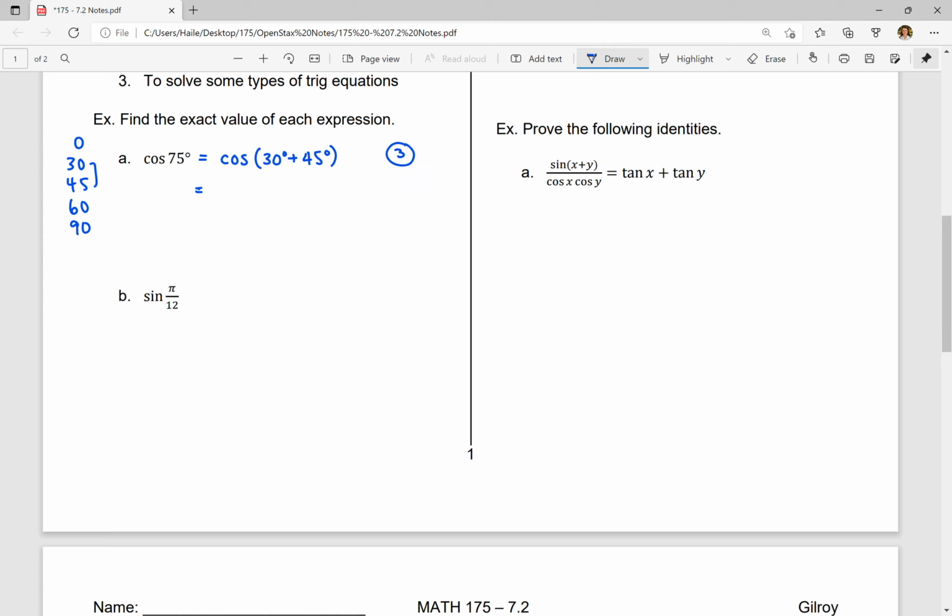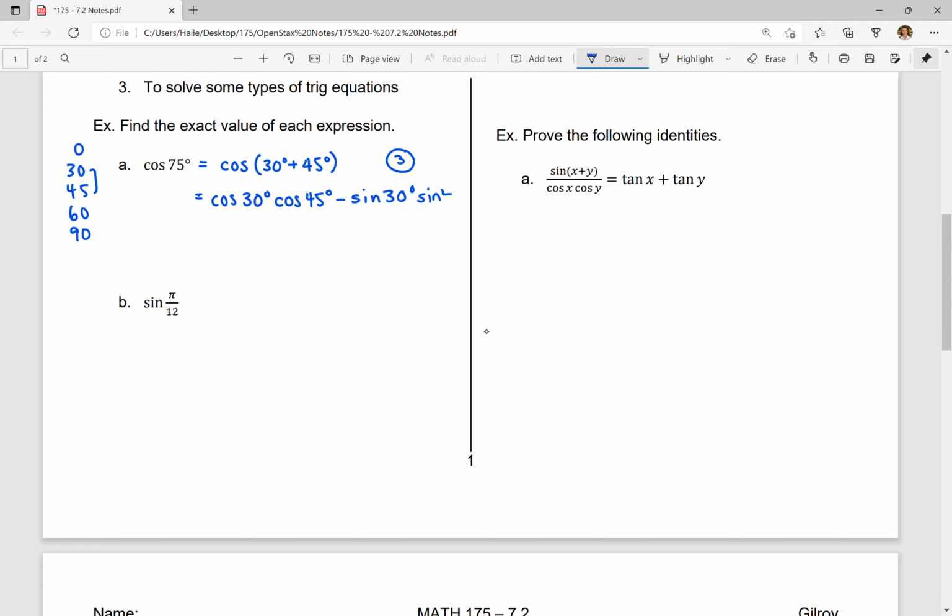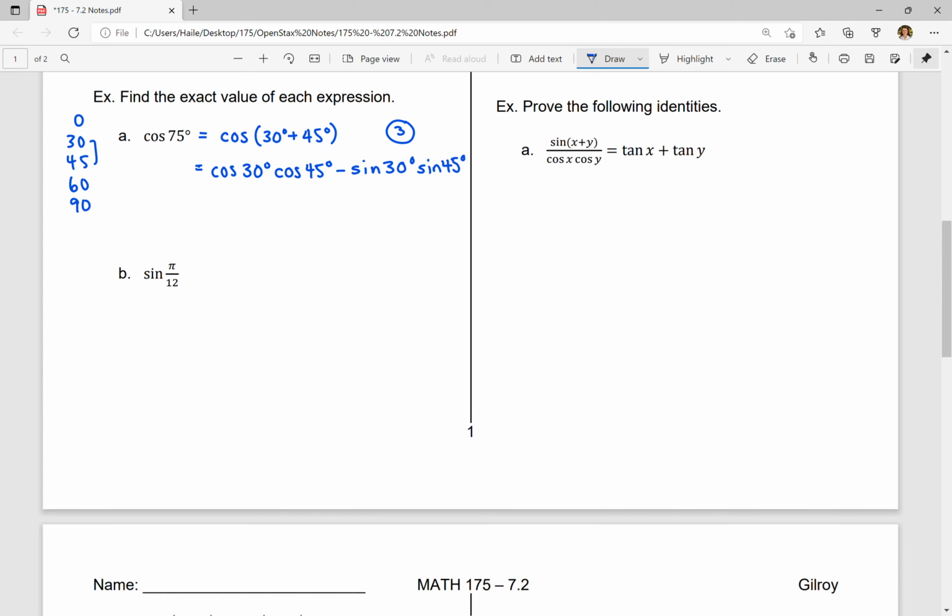And so formula 3 tells us to do cosine of 30 times cosine of 45 minus sine of 45, or sorry, sine of 30. It really doesn't matter, we can multiply things in any order, but just to keep it the same, times sine of 45. So this is our whole cosine formula: cosine of 30 times cosine of 45 minus sine of 30 times sine of 45.